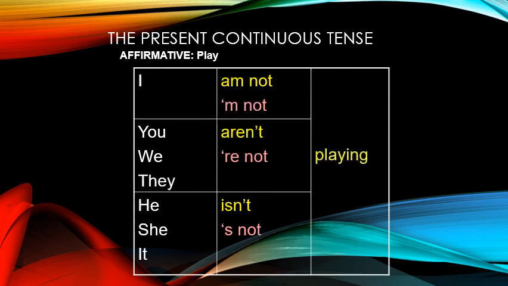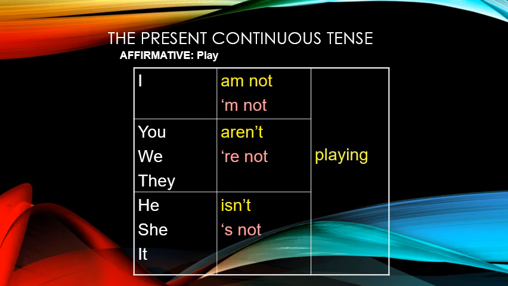Take this table as an example for the negative. Play is in the affirmative. In the negative, we have to add not. I am not playing. Or if you want to use the contraction form, you say I'm not playing. You can say you are not playing, you aren't playing, or you're not playing.